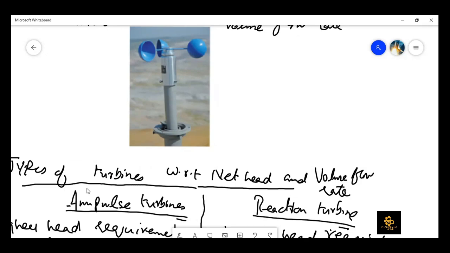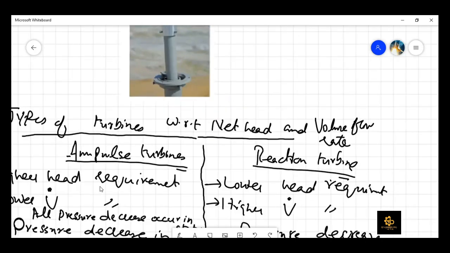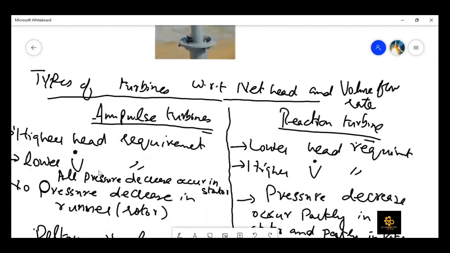If you remember, in the last class we discussed impulse turbines. The Pelton wheel is an example of an impulse turbine. It requires higher head, and it can operate on lower volume flow rate. Usually there is an impulsive force which is created due to change in direction of the fluid rather than impact.